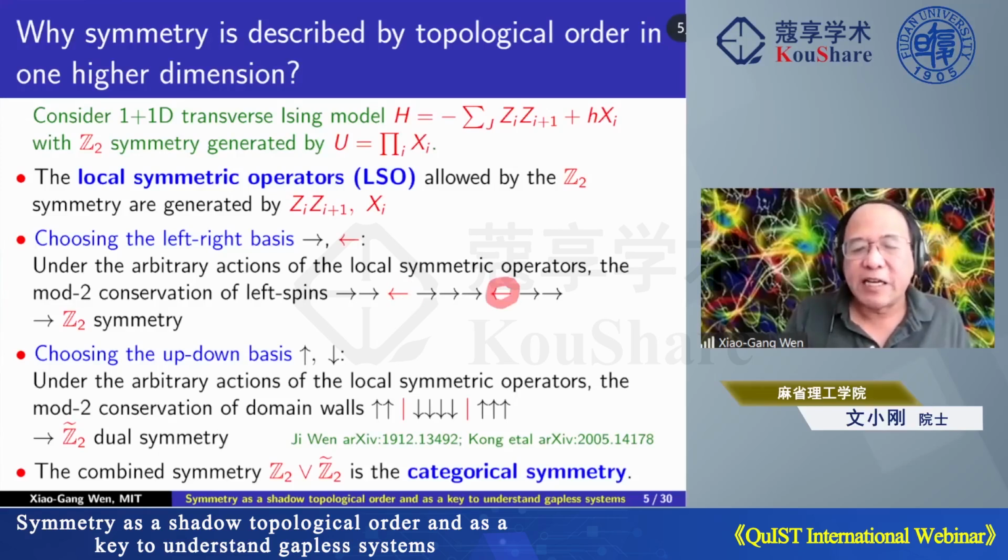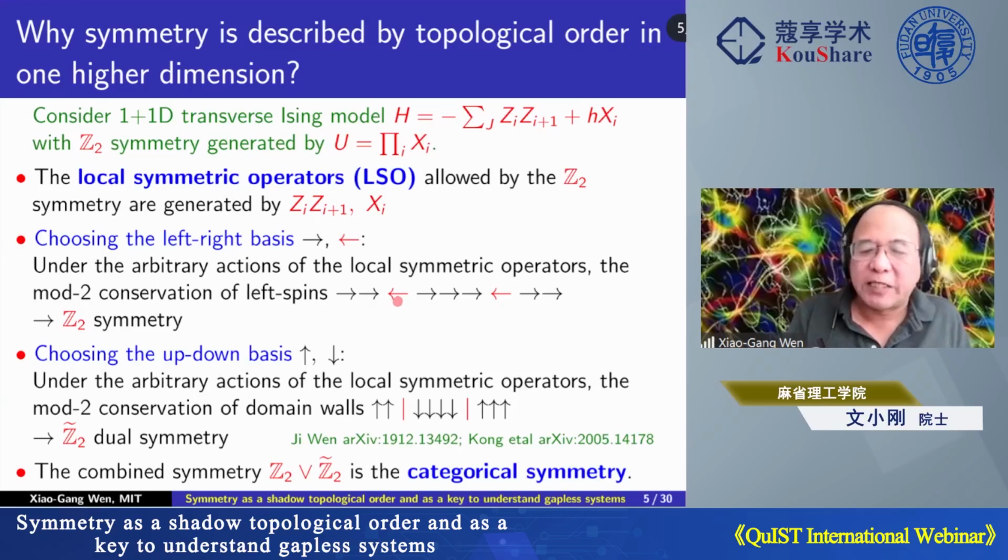Then you can check that under the action of the ZZ operator, only the left spins can move around, but they cannot disappear. And under the X operation, the left spins don't do anything. So this operation can create a pair of left spins, but it cannot create them alone. That means there's a mod 2 conservation of left spins.